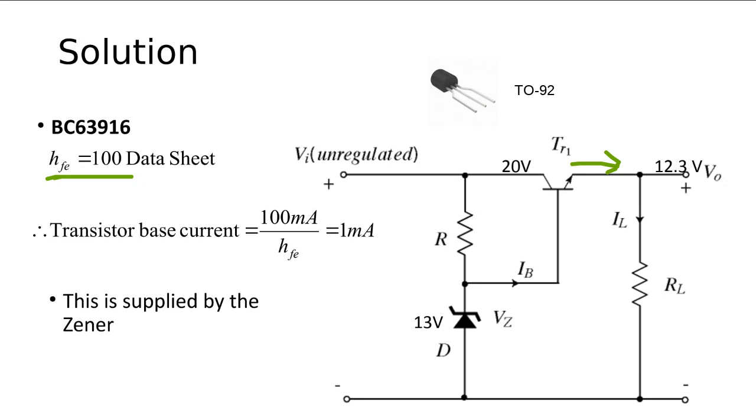The Zener diode doesn't have to dissipate any kind of power because it is just operating at its own bias current, which is 5 milliamps. And all it has to do is, of that 5 milliamps, supply an extra 1 milliamp to bias the transistor and keep it operating. So questions?